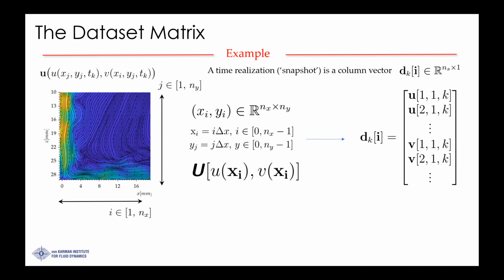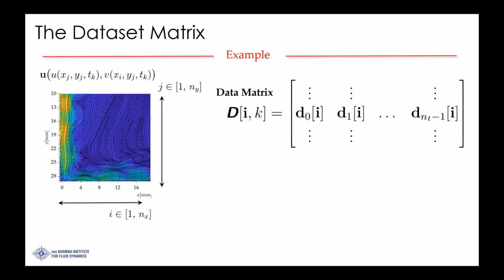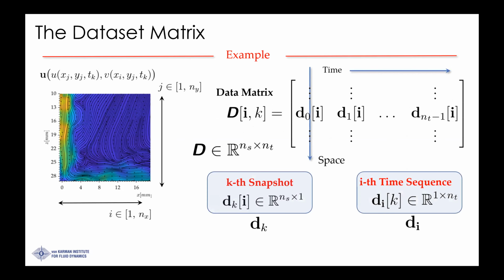You do this for the u component and the v component, and you pile them up one below the other. The message is that every snapshot is whatever you had at time step k. If this is a 3D, complex thing, you just reshape it as a column vector, and you stack together all the column vectors.